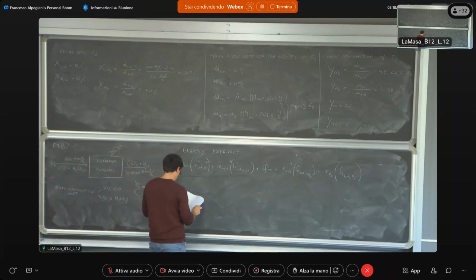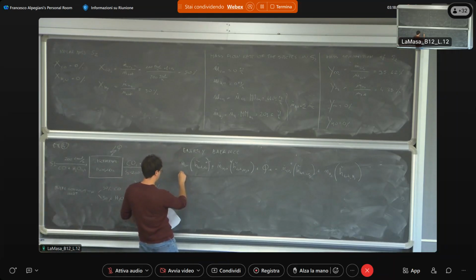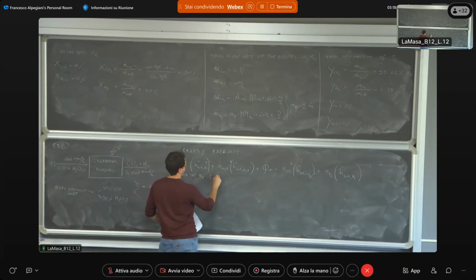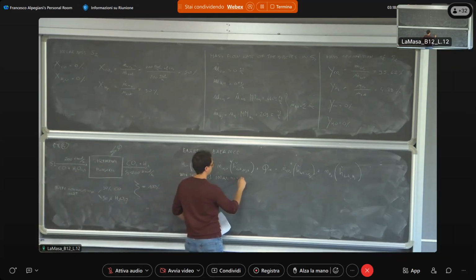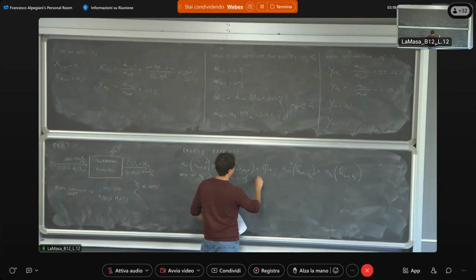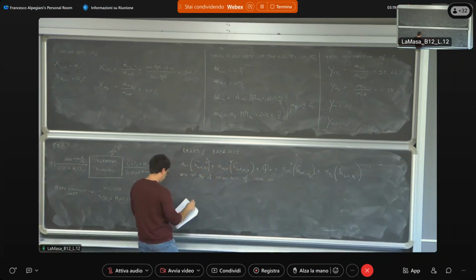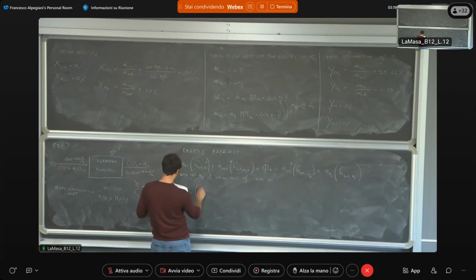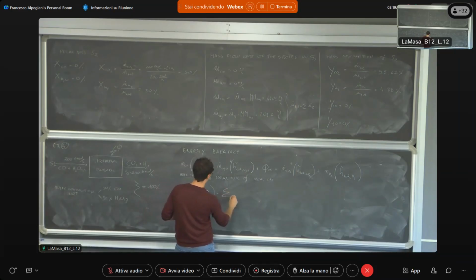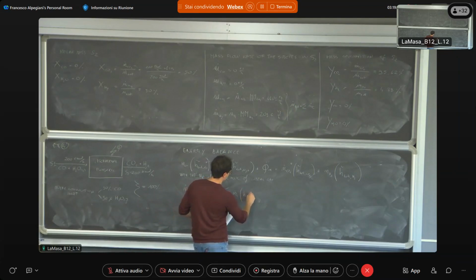So you can write essentially, with the hypothesis of ideal mixture of ideal gas, that the n dot of a certain stream, for example S1, times the total enthalpy of this stream, and this is valid always, is equal to the sum of the various molar flow rates times the total enthalpy associated to the species.